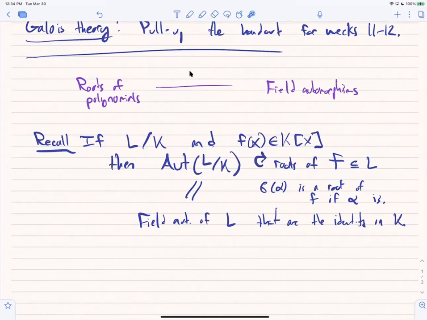What this is saying is that roots of polynomials are subsets that are preserved by this action.